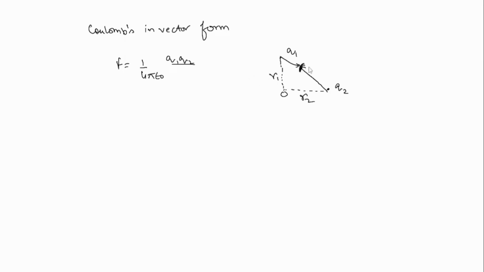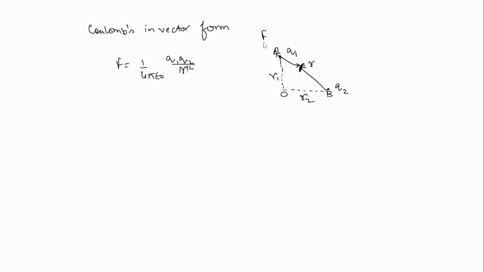upon r square. But in Coulomb's law in vector form, what we represent is that this is charge one, so it experiences the force due to q2. So this force will be in this direction, assuming they are like charges.